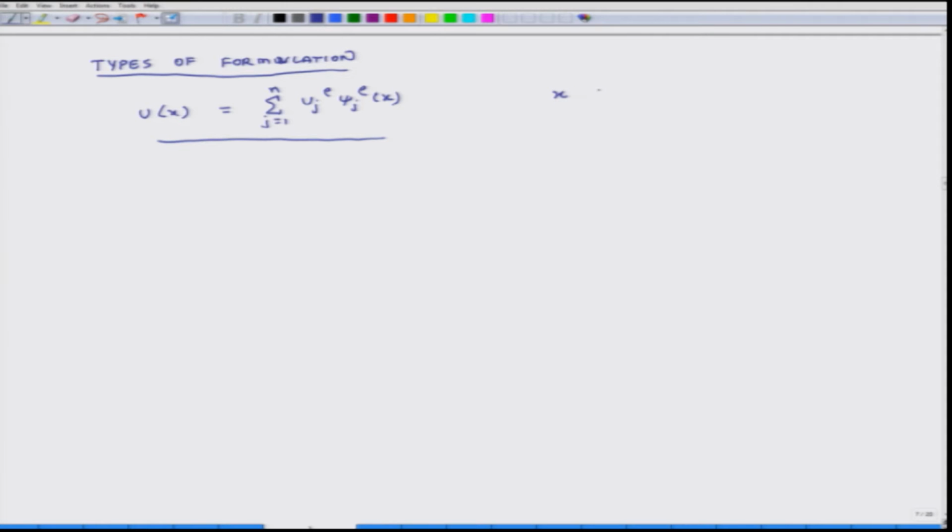So x, we have said that it is the summation of x_i psi_i, which is a function of zeta, with i equal to 1 to m. So let us make it a little more clear. Here the summation is happening till n, and here the summation is happening till m.